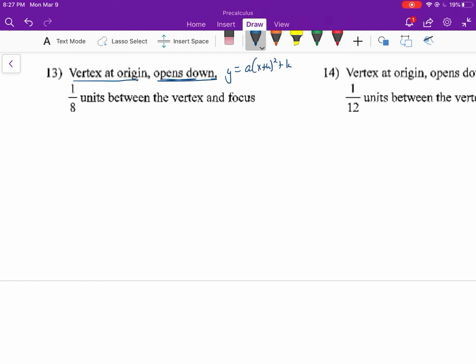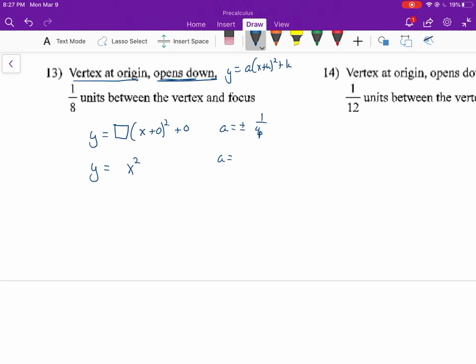And that tells us quite a bit. We know it's at the origin, so you can think (x plus 0) squared plus 0. It moves left or right 0, up or down 0. We still need our value of a, but it's just going to be a times x squared. Well, a is plus or minus 1 over 4p.